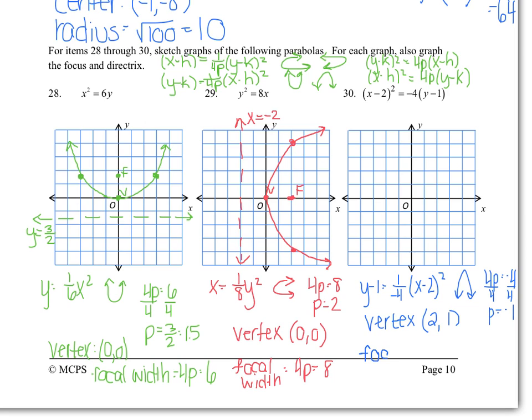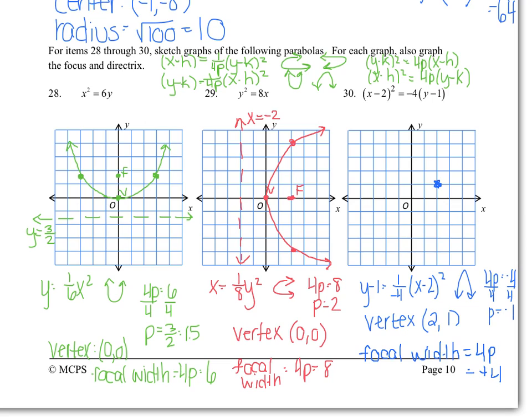And my focal width is still 4p, which in this case is -4. So really the focal width is actually the absolute value, so it's actually going to be 4 units wide, because distance can't be negative. So anyways, I'm going to graph my vertex first. So 2, 1 is right here.